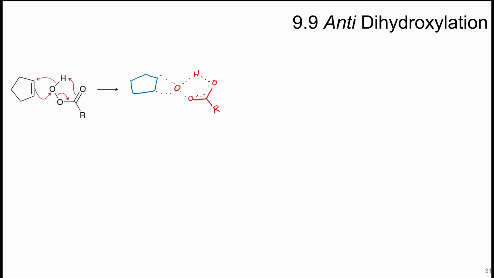So these are all the things that are happening. So this bond here forms, this one here forms. So I get the epoxide plus the R. So I have a carboxylic acid as the side product.